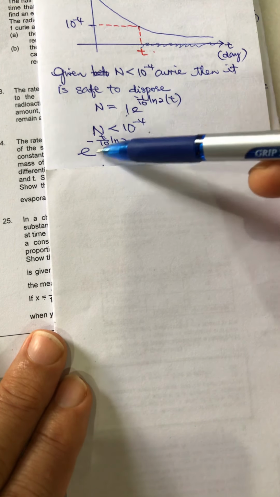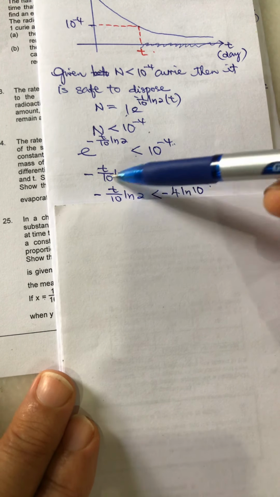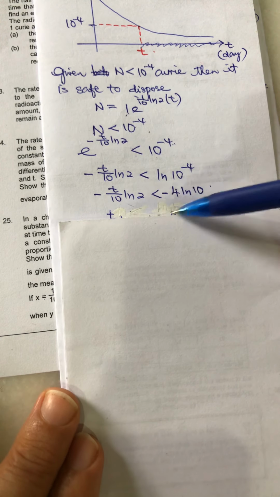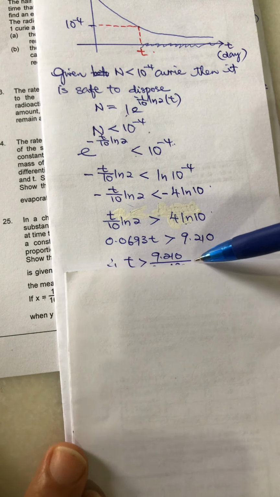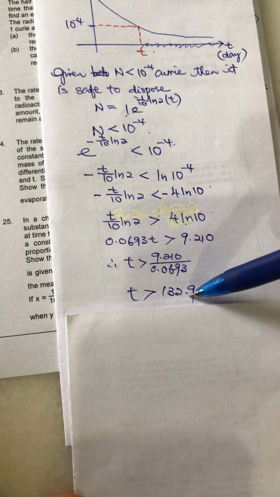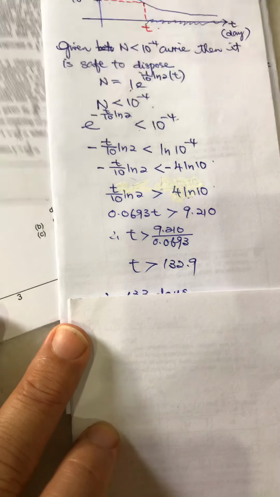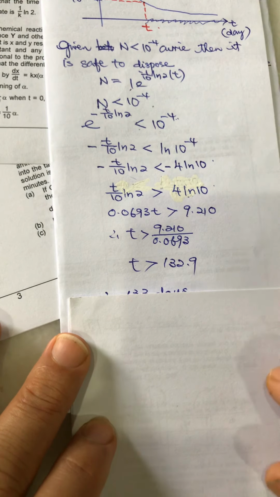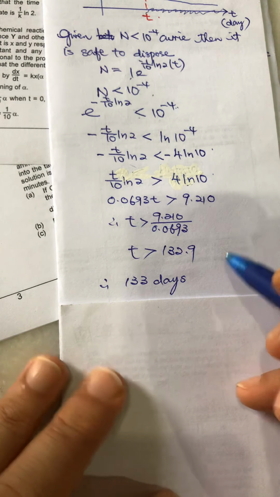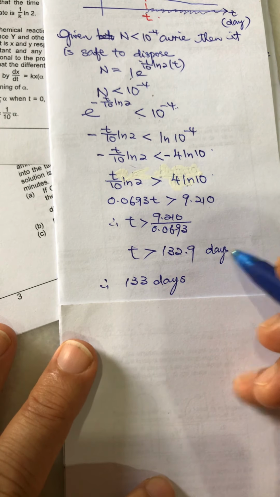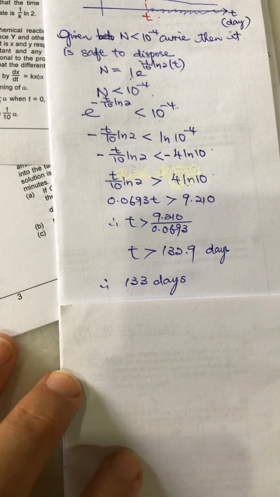So we substitute n smaller than 10 to the power negative 4 and solve, using your calculator. Finally you get t more than 132.9 days. So that means you have to keep it for 133 days, and only then can you throw it away.